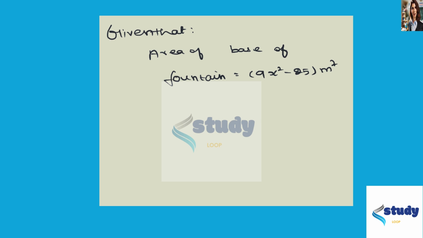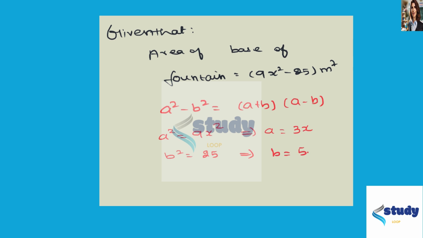So first, in general, we know that a squared minus b squared is equal to a plus b times a minus b. So here a squared is equal to 9x squared, so a is equal to 3x. b squared is equal to 25, so this implies b is equal to 5.